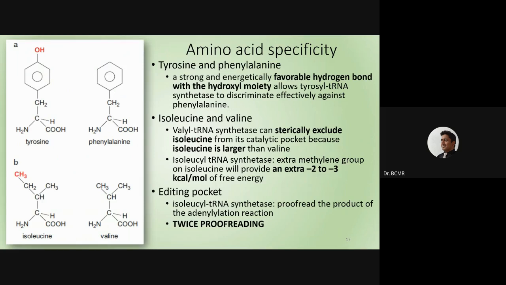Say the difference between tyrosine and phenylalanine is just this OH group, hydroxyl group. An extra hydroxyl group is present in tyrosine. So you can think, if you have a binding pocket like this for an amino acid in a tRNA synthetase, the side chain here of phenylalanine is kind of hydrophobic.